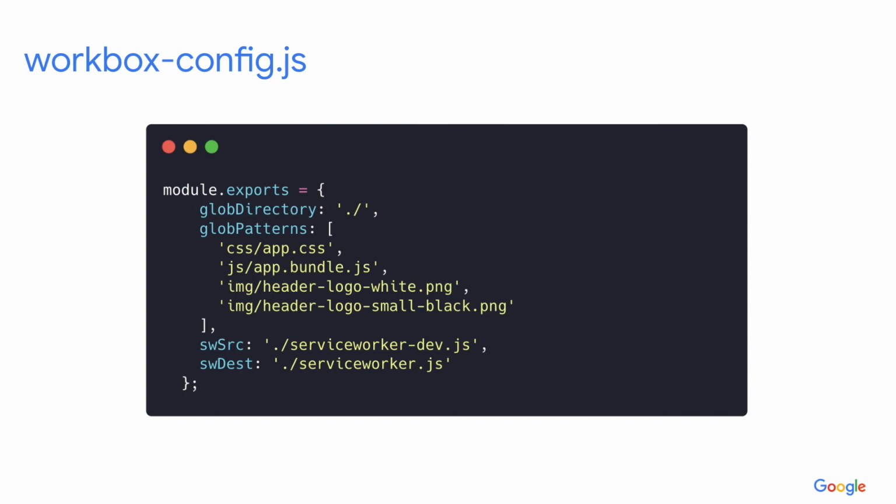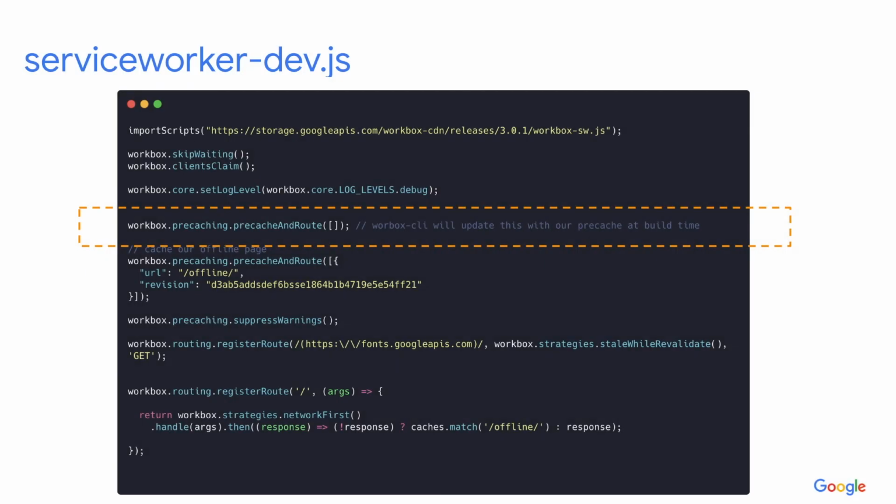But if you want to use the workbox-config, the important thing is that in your workbox-config you put a service worker source, for example, named service-worker-dev, and the service worker that will be used in production, service-worker.js, as the destination.